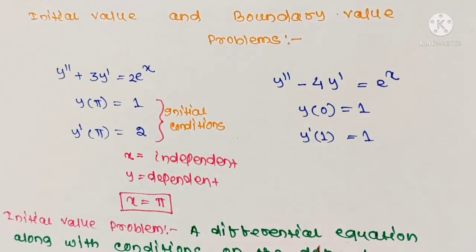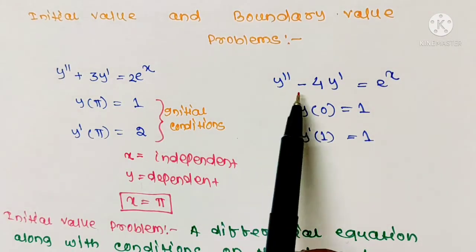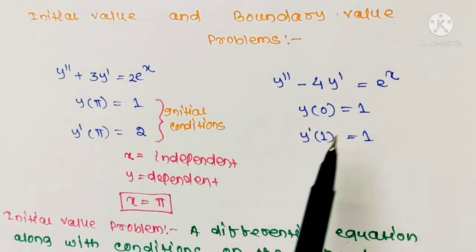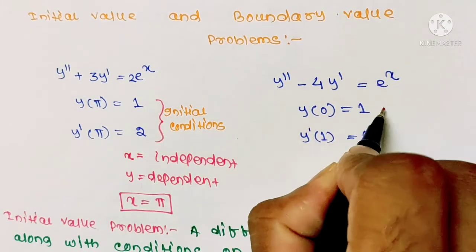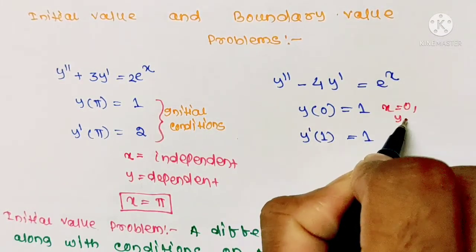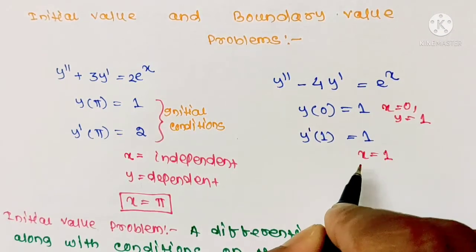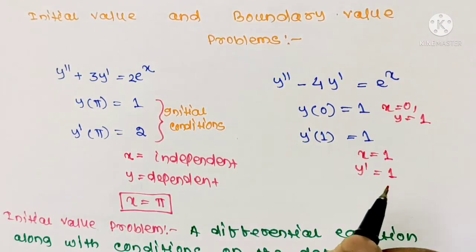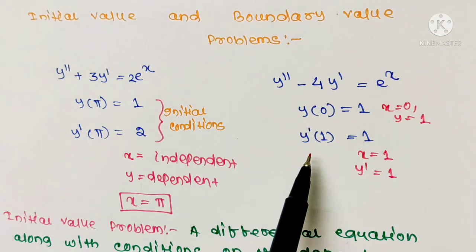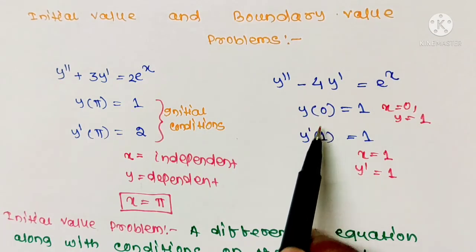Now for this second order differential equation you can see two side conditions are given. One is at x equals 0, y equals 1, and the second one is at x equals 1, y dash equals 1. So the side conditions are given at different values of the independent variable.